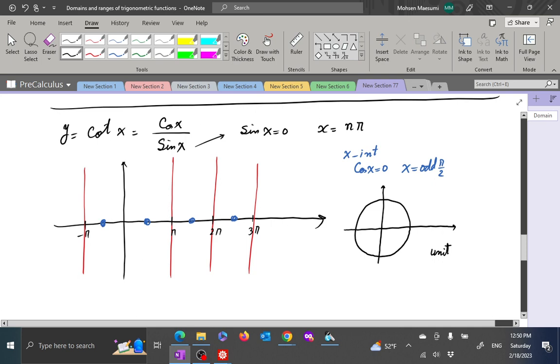On a unit circle you draw this line, and this line, and this line, and you call it the cotangent line. So this one was the tangent line, this is the cotangent line. In what sense?